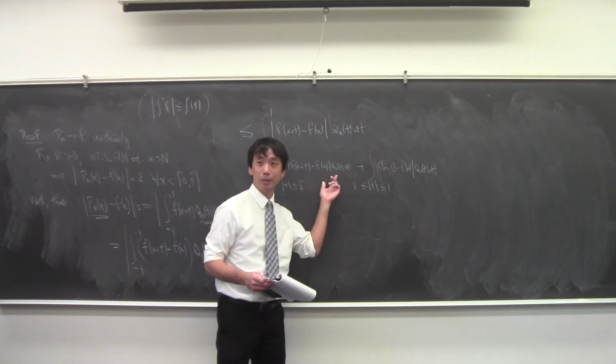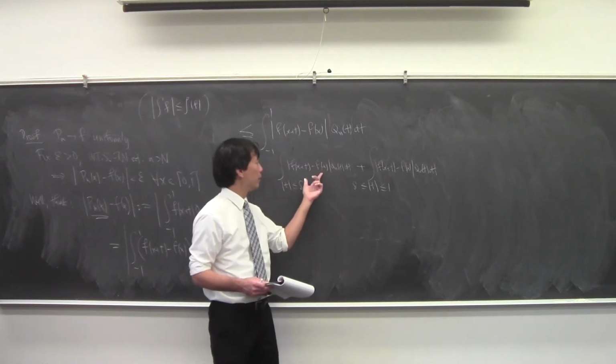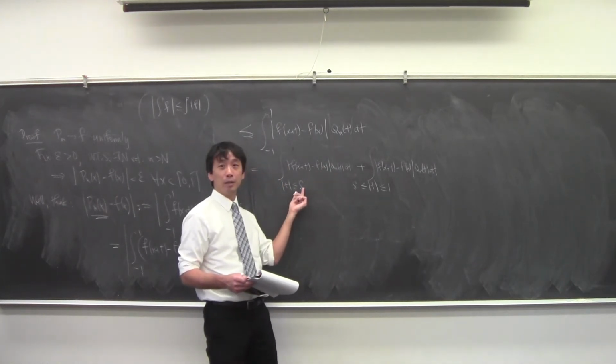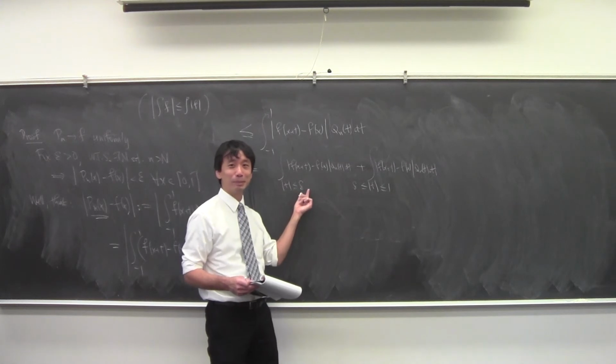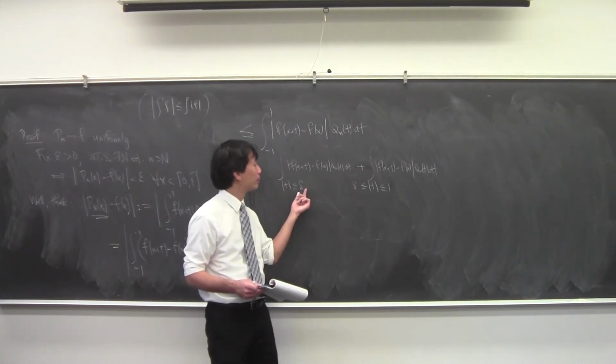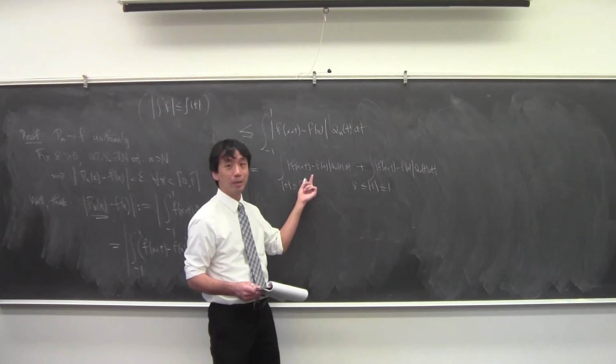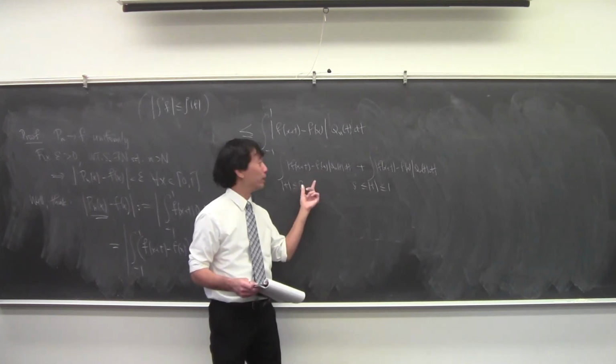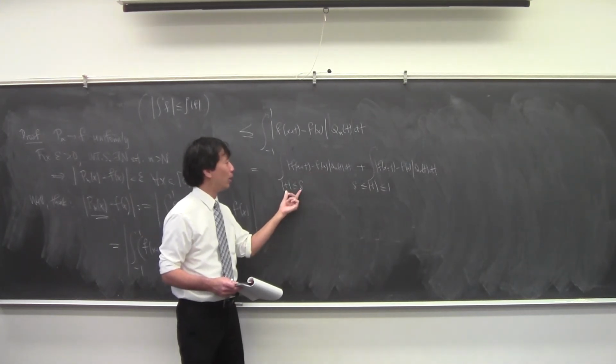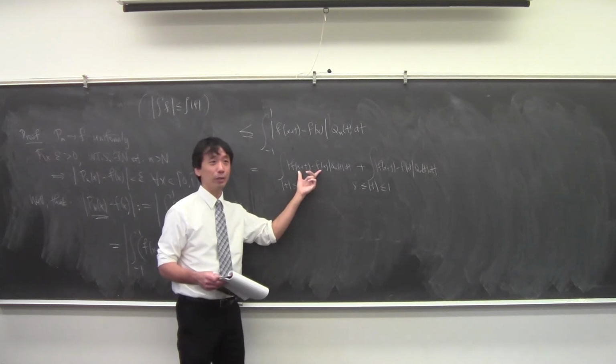On this part, if the absolute value of t is less than delta, then by continuity f of x plus t minus f of x is less than epsilon. If t is small, we can use continuity to control this thing.